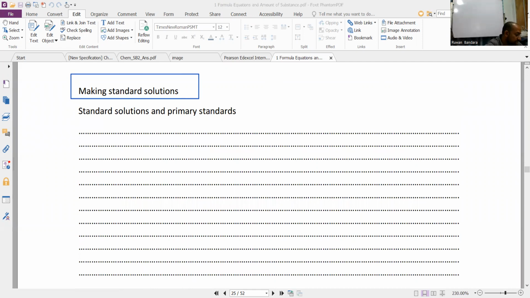Standard solutions can be prepared by dissolving a known mass of solute in a known volume of solvent.